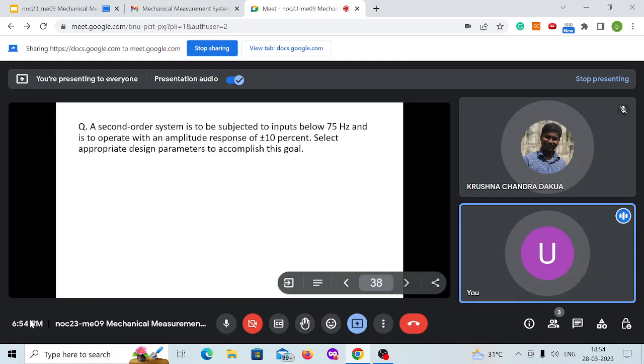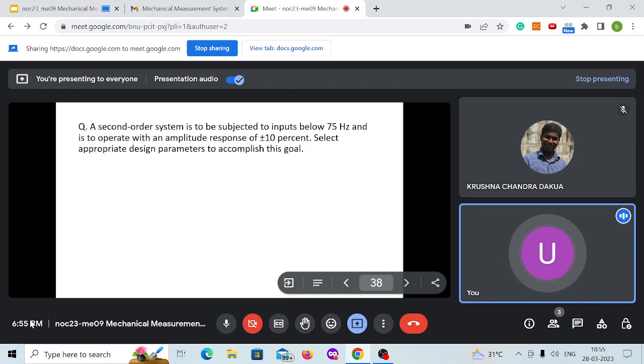I have a second order system which is subjected to input below 75 hertz, and it is to operate with an amplitude response of plus or minus 10%. We have to design a system such that for an input frequency below 75 hertz, we get an amplitude response within plus or minus 10%. That is the goal.